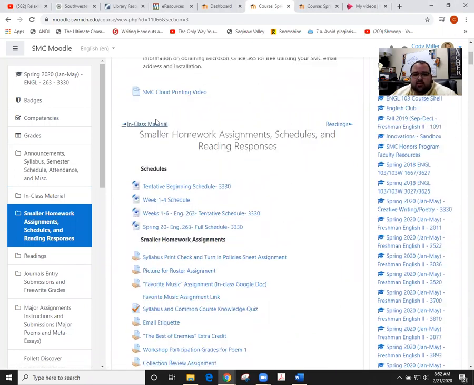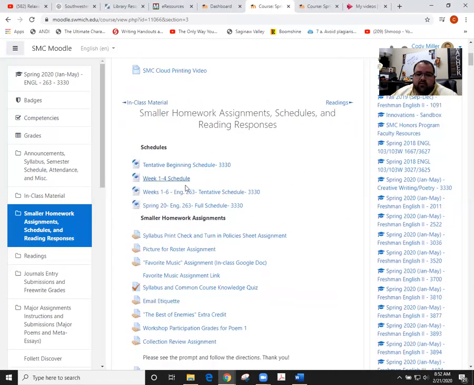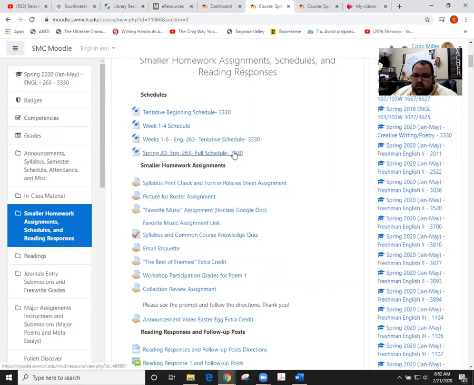Yeah, so in the smaller assignments in the schedules area, you'll notice that we have a full semester schedule at this point that has our readings on it. Now, remember one thing that I mentioned is that our textbook doesn't have all the readings on this schedule yet, so I'm still adding some of those. Of course, this is tentative, so some smaller assignments may pop up if I see that we need them, but this should help you understand how the rest of the course progresses.